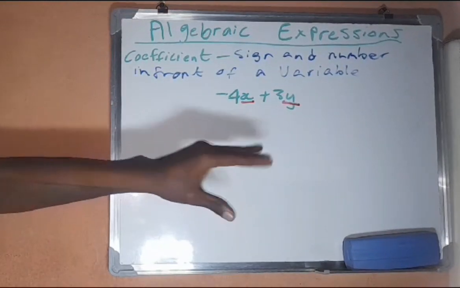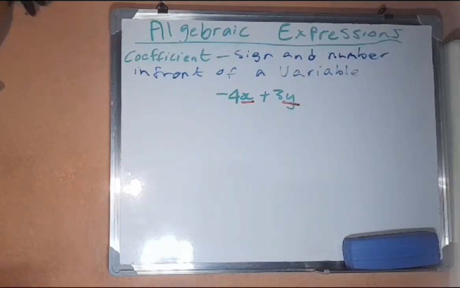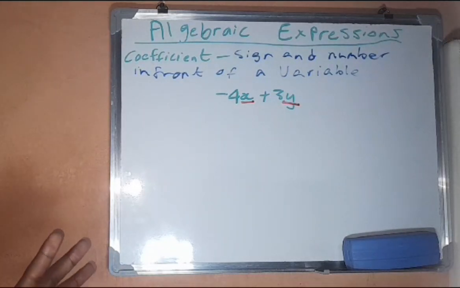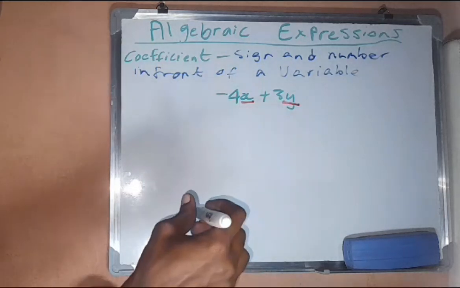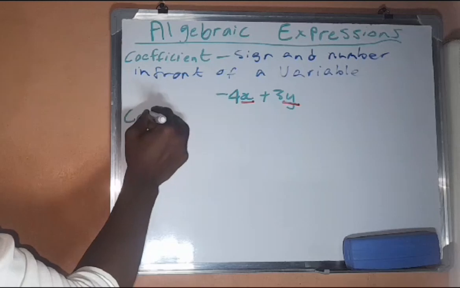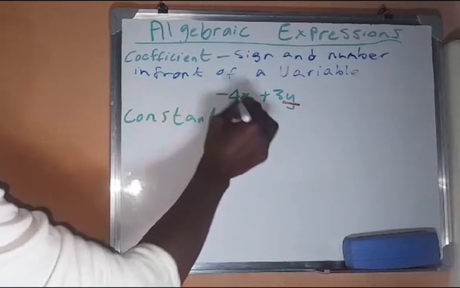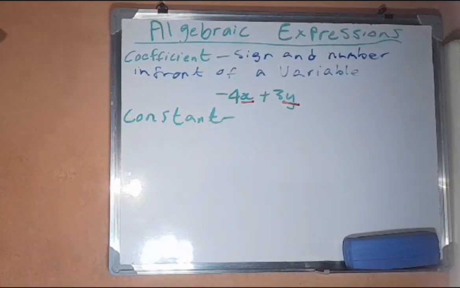A variable is an unknown under algebra or an algebraic expression. Before I talk even more about the coefficient, I want us to move to the second terminology, which is constant. I also believe that most of you are familiar with the term.